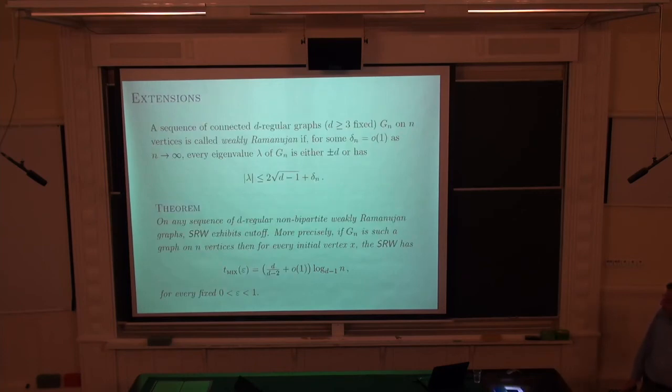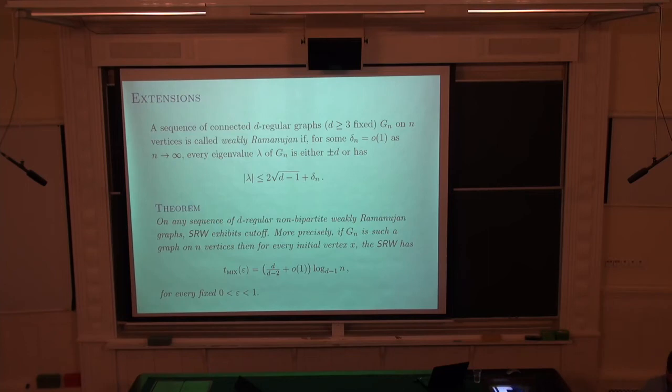I want to quickly point out that our approach works not just for Ramanujan, but also for weakly Ramanujan. So we can get the same results about mixing time and about distances for weakly Ramanujan graphs as for Ramanujan. So in particular, these apply to the random lifts I told you about.